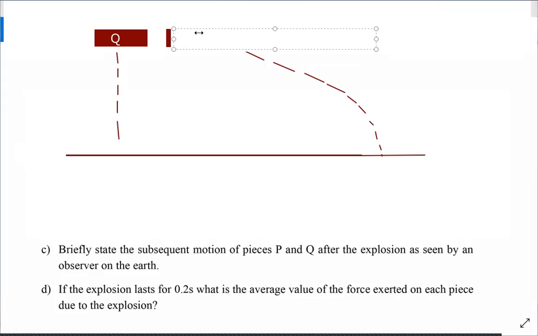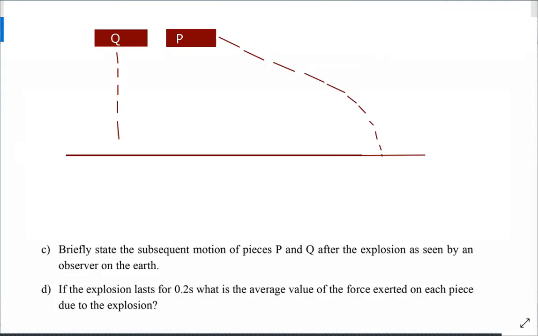P will move along a curved path similar to a projectile. This should be a curve. I don't think I have drawn a better curve, but it is a curve.